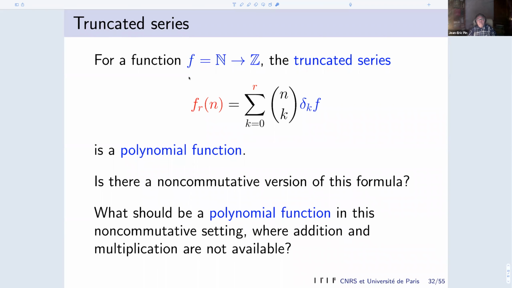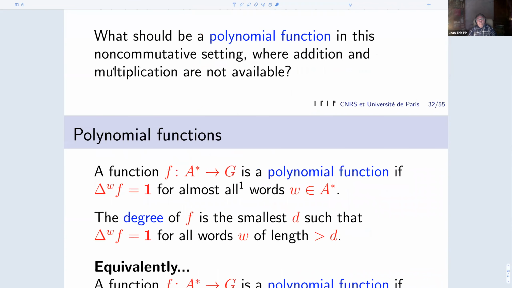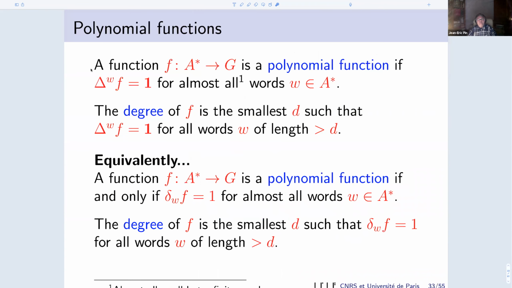And the trick is this. I define a polynomial function as a function f such that the difference operators applied to the power of w, where all these difference operators are the constant function 1 for almost all words.